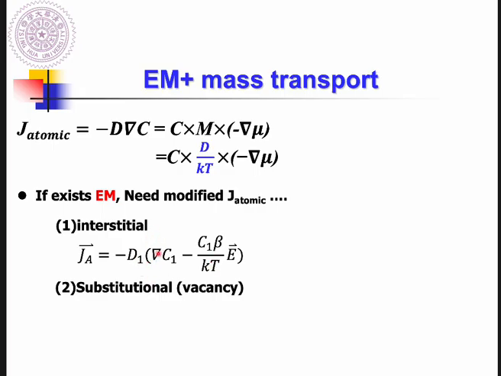The first one is due to the chemical potential gradient, obeying Fick's first law, so it's negative diffusivity times concentration gradient. And the second term is due to electrons flow. As long as the electrons flow is high enough, under this situation the electrons flow will push these metal ions to move inside this electrical field.